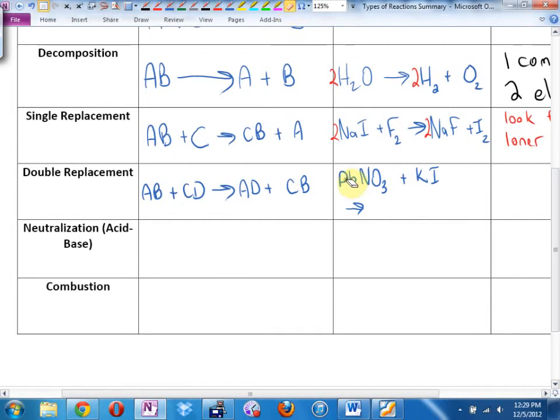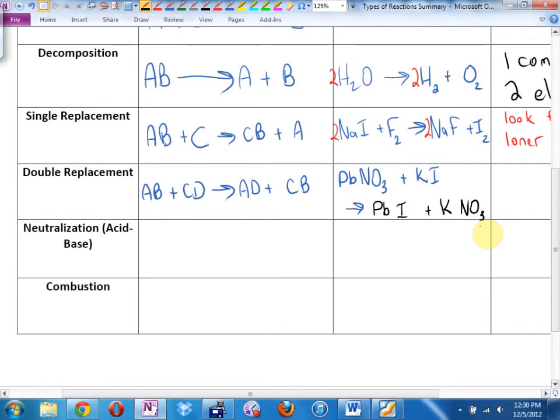Metal, non-metal, metal, non-metal. Double replacement. Lead is going to go with the I, and potassium is going to go with the NO3, but we've got to crisscross.